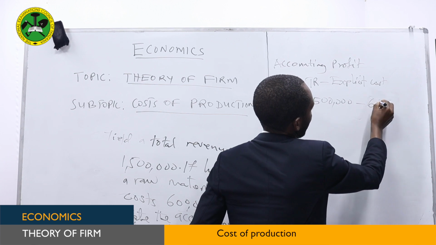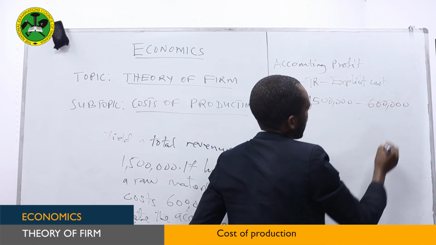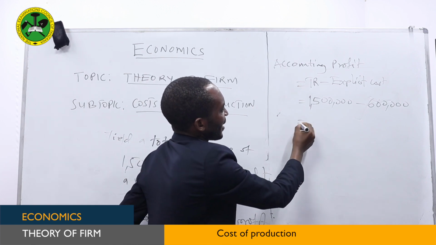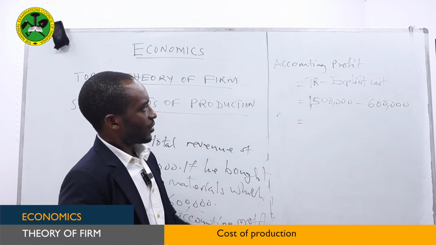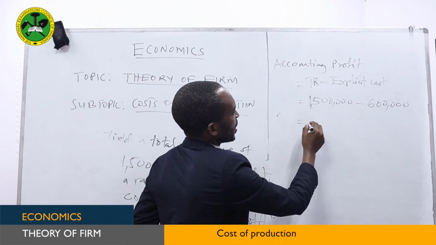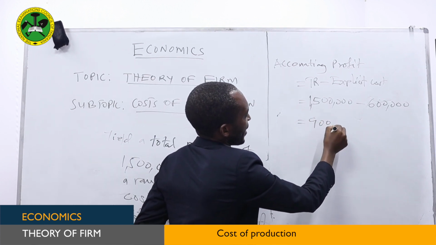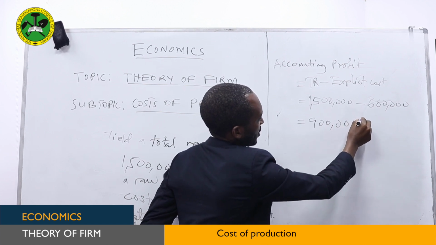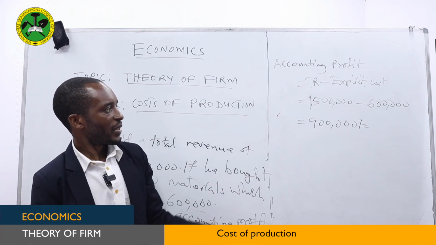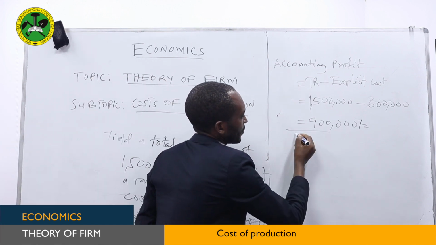So you subtract 600,000, and the accounting profit will be equal to 900,000. So the accounting profit will be this one.